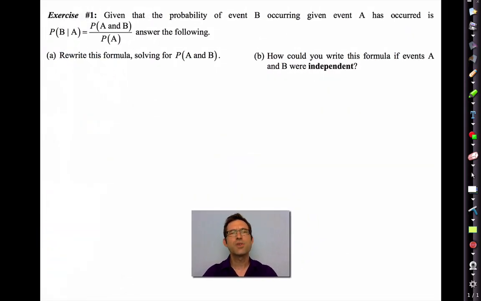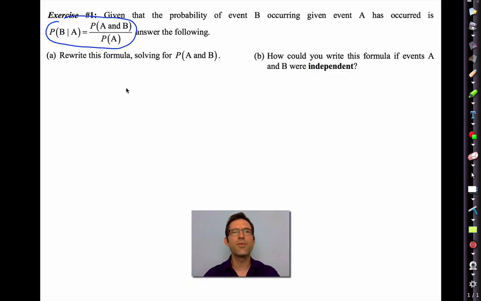All right, so in an earlier lesson, we had a formula for conditional probability. Given the probability of event B occurring, given A has occurred, is this, right? So the probability of B given A is the probability of A and B divided by the probability of B. Answer the following.